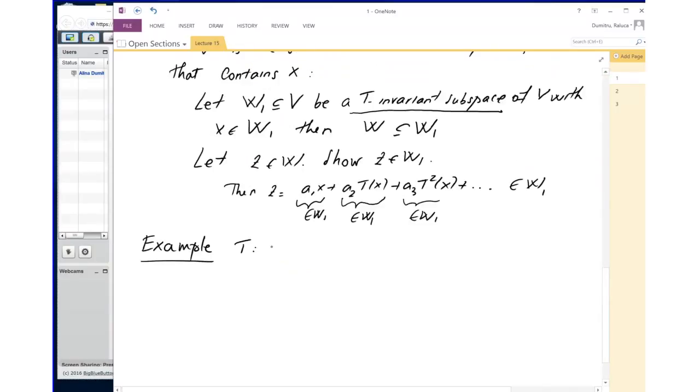Take T, for example, from P3 to P3, so a linear operator on P3 of R that takes a polynomial into its second derivative.